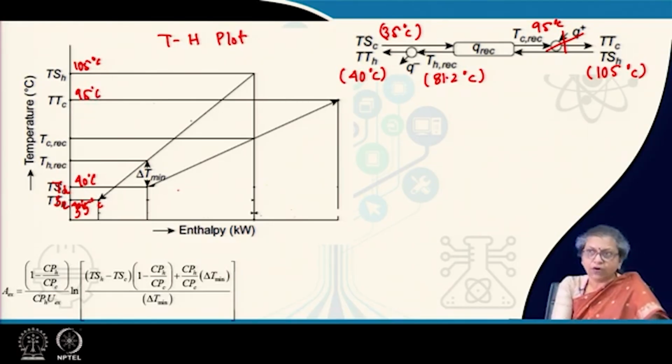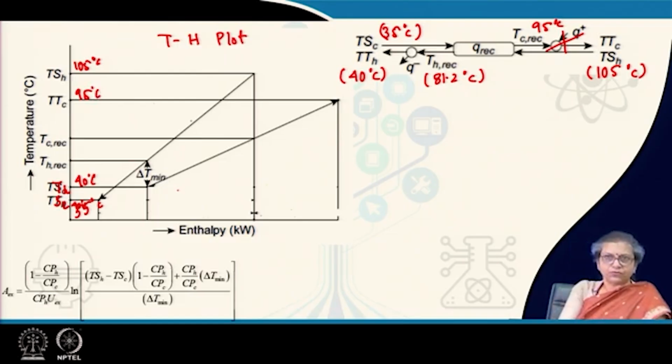So we do the hot stream as well as the cold stream, and then after this, as I had told you, when we are drawing this, what are the things that are constant? The start and the target temperatures are constant. These two terminal points for the y axis are fixed. The slope is also fixed. Why?